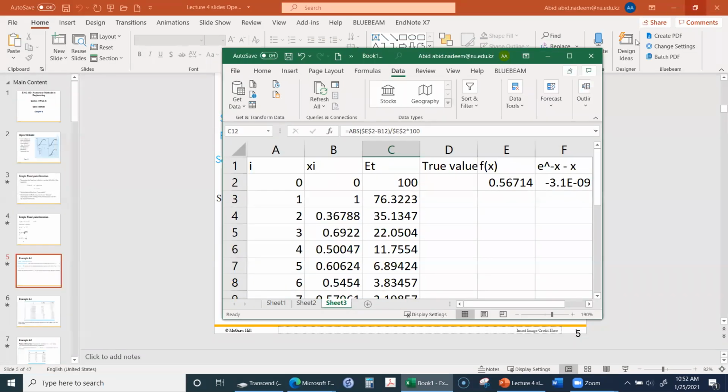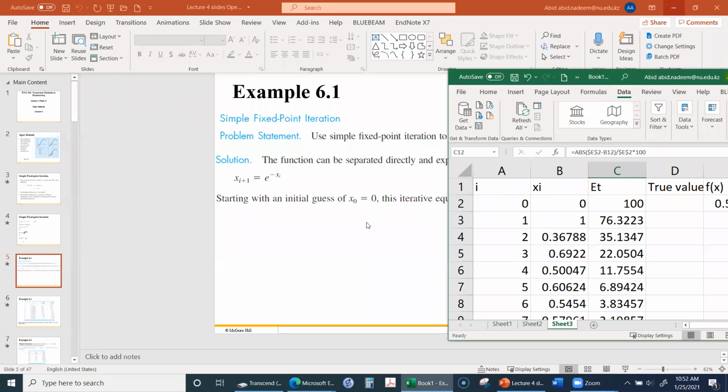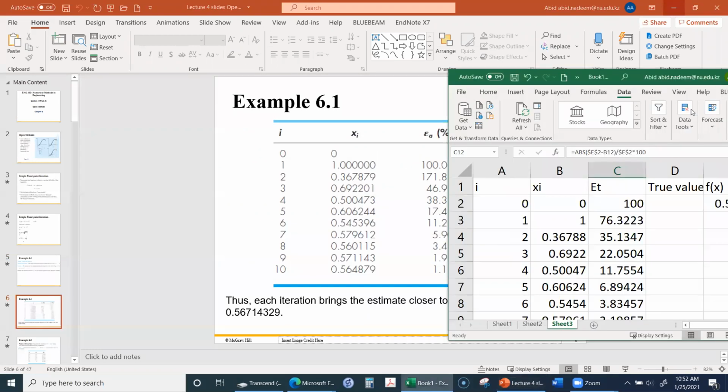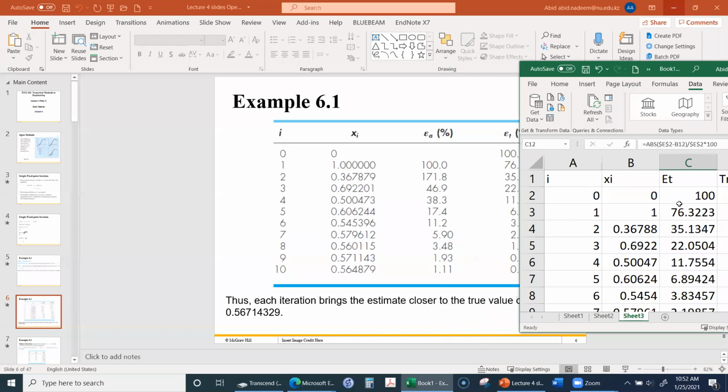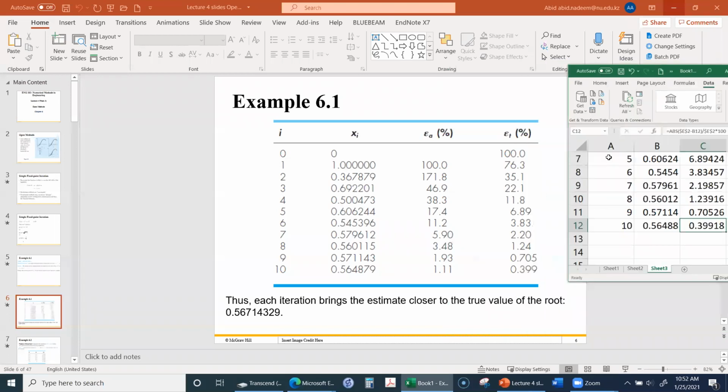And now, if you see from here and here, you can see that we got the same values. 0.399 here, 0.399 here. So our results are matching.